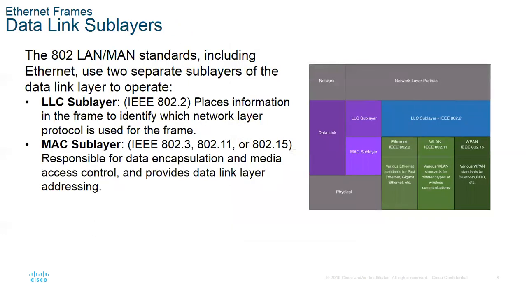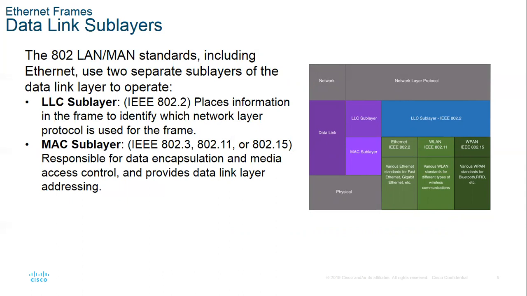So as mentioned before, the data link layer, as per IEEE standards, is divided into two sublayers. We have the upper sublayer, which is the LLC sublayer, which provides three different services required by the upper layer, which is the network layer, and it's standardized by the IEEE 802.2 standard.